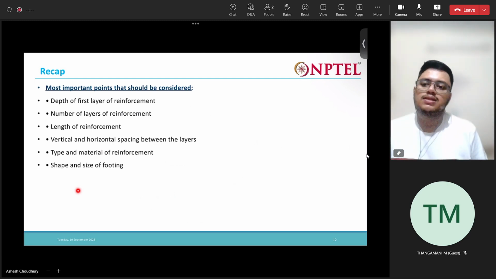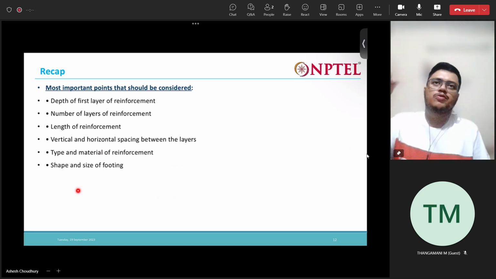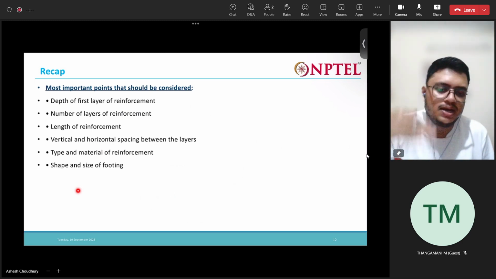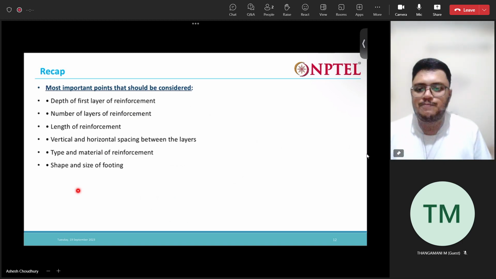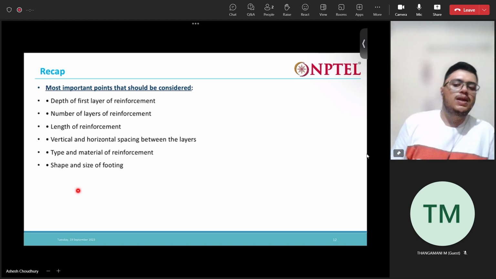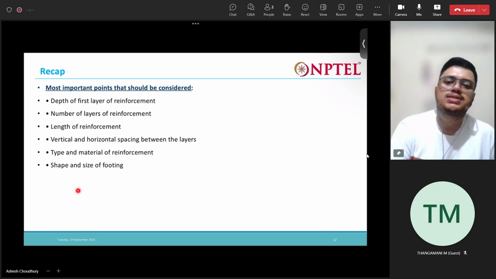These ones. The depth of the first layer of reinforcement beneath the foundation is very important; the depth is crucial. Then the total number of layers of reinforcement, so it is up to the designer to optimize the number of layers so that we can get optimum increment in bearing capacity.